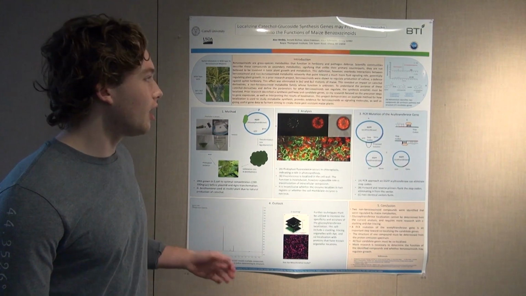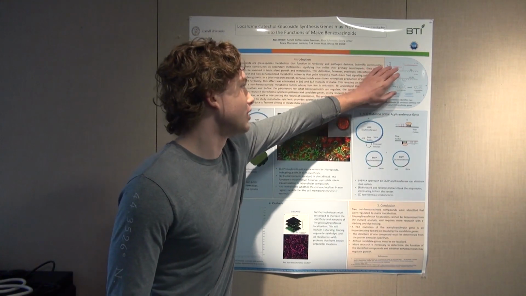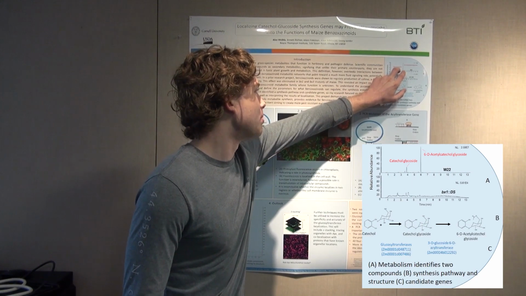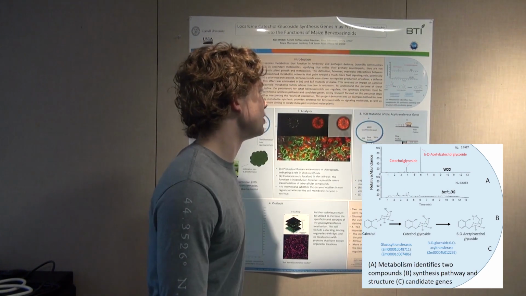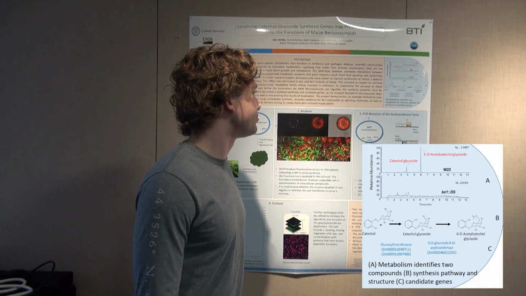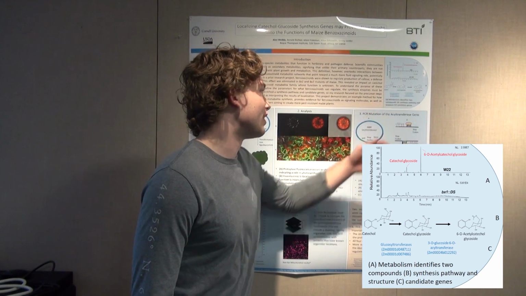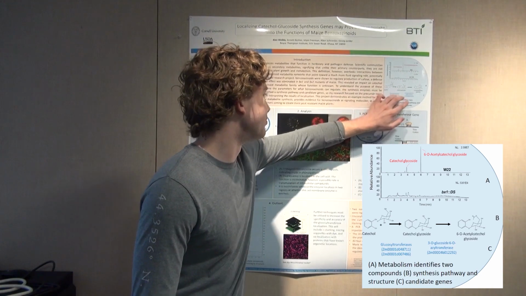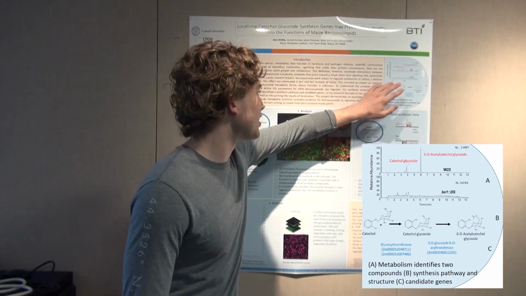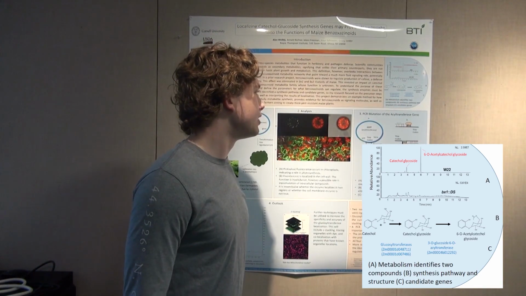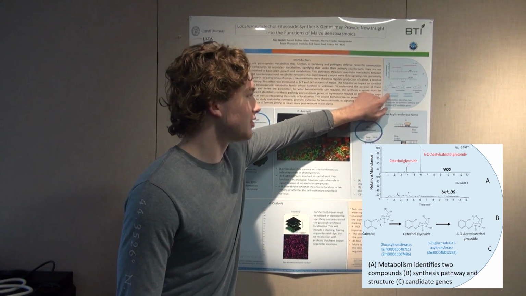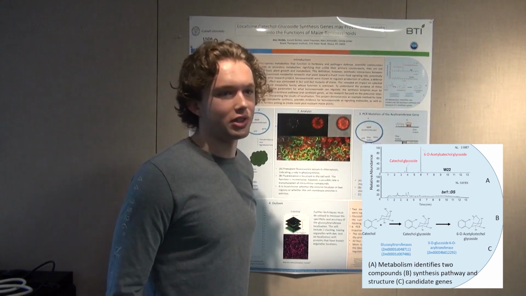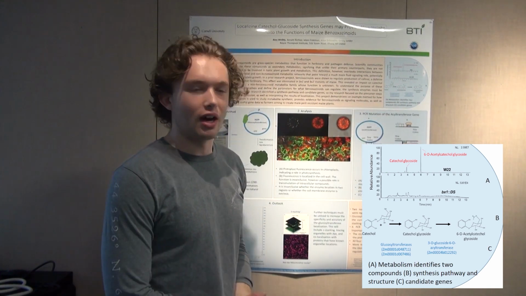So my mentor identified two compounds that are positively regulated by benzoxazinoids, Catechol-Glucoside and acetylcatechol. And she identified 4 possible genes that could be involved in its synthesis. So my job was to localize these genes as a way of understanding the function of the compounds.